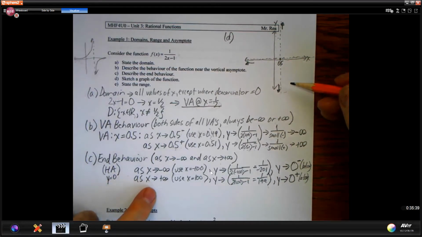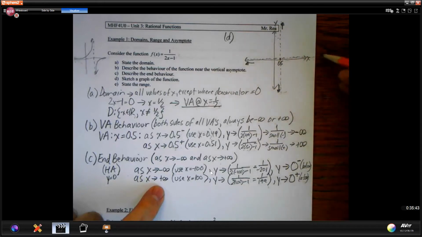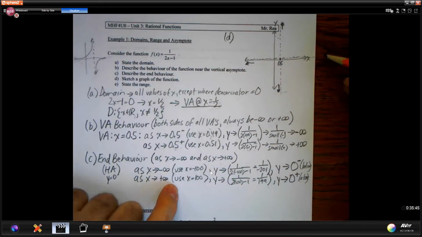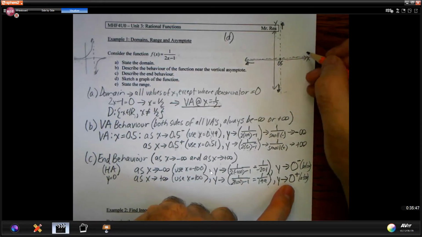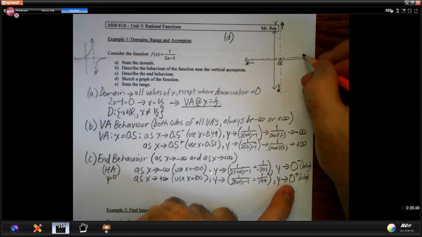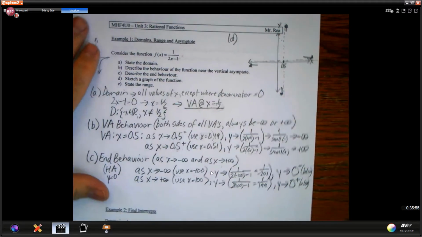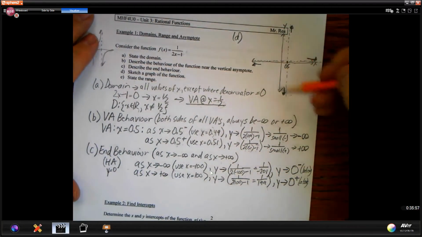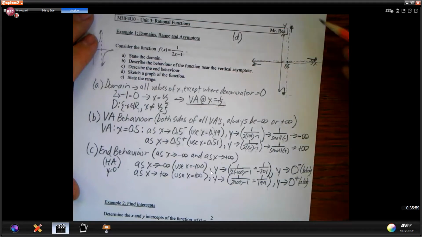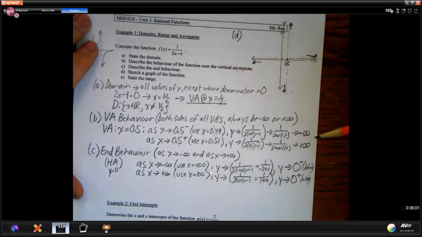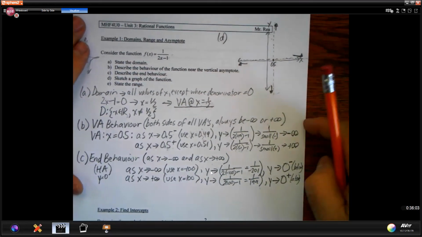And if I read the second part here, as x approaches positive infinity, as it goes more and more to the right, y approaches 0 from above. So in this case, it's coming from above. So I'm going to do my arrow here. And now you can see I've got 4 arrows, one going left, one going right, one going up, one going down. And now the idea is just to connect the lines.